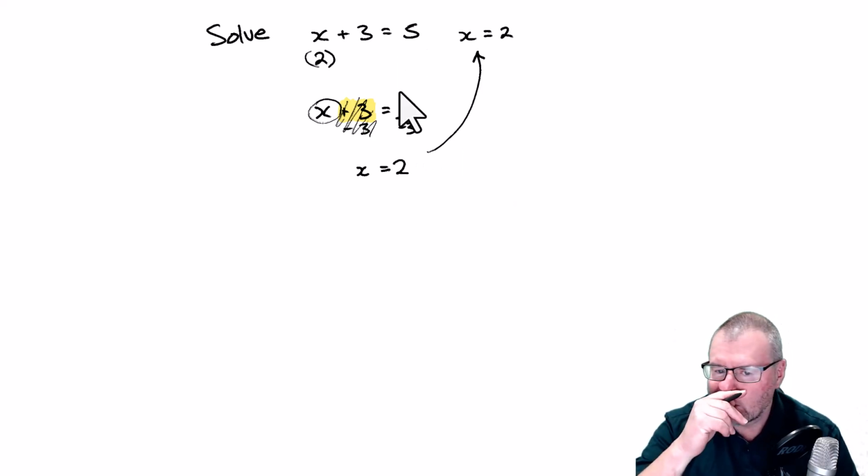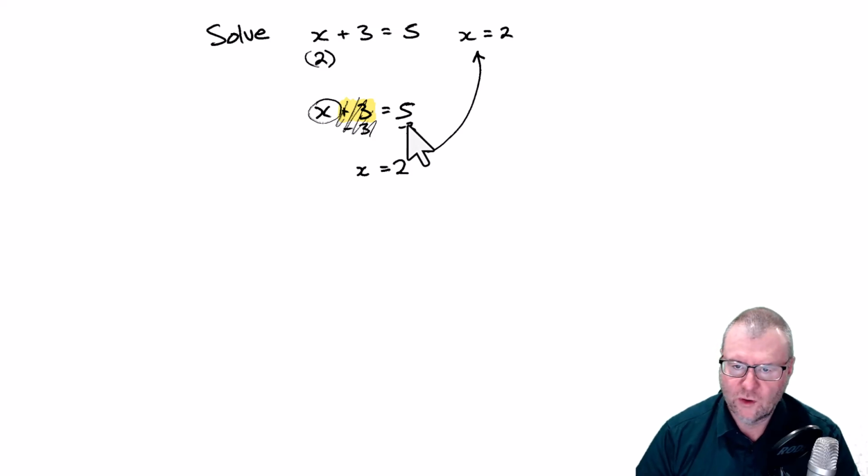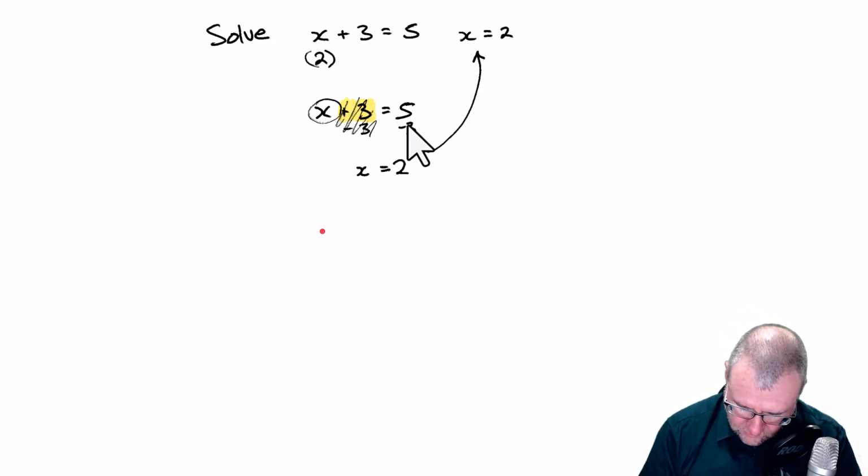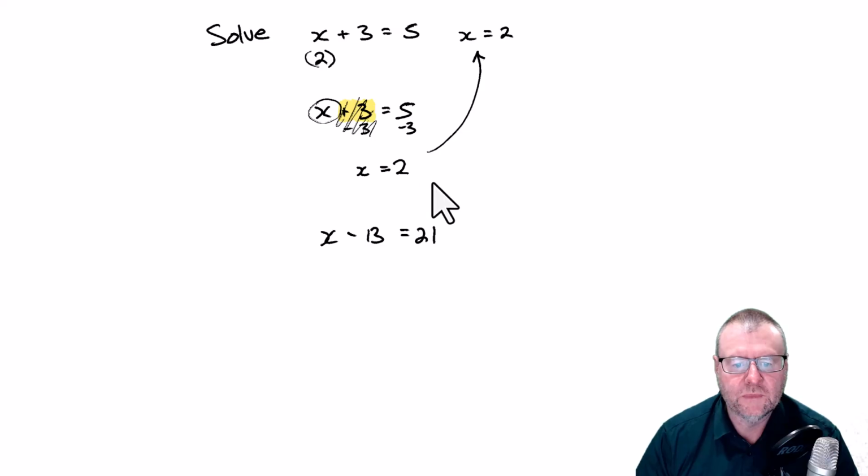So we solved it this time, but we used a little bit of a process. Let's do one more example for you before we look at a couple of different types of questions you might get. Solve x plus 13 equals 21. Now, in fact, let's do x minus 13 equals 21. Right?